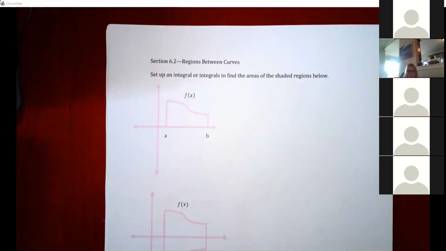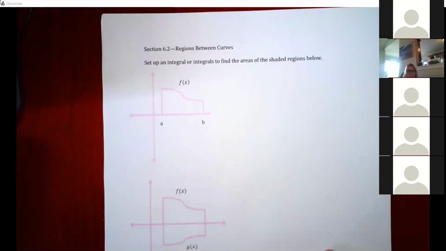But at least 6.2 is something related to something that we've done before in Calculus 1, and it should be familiar to us. We've talked about this some today, so this part should be fairly quick.